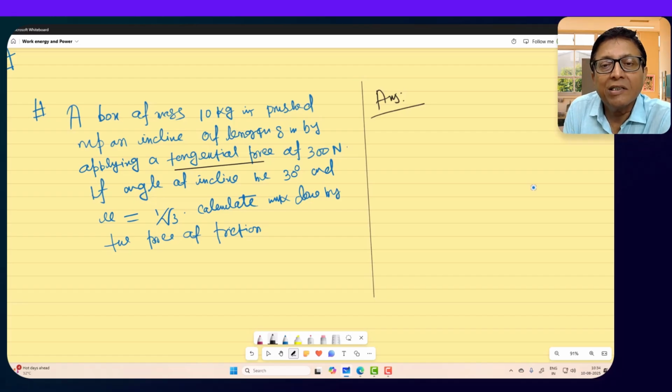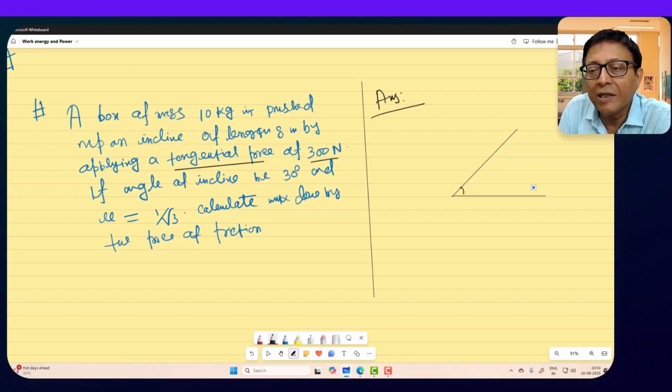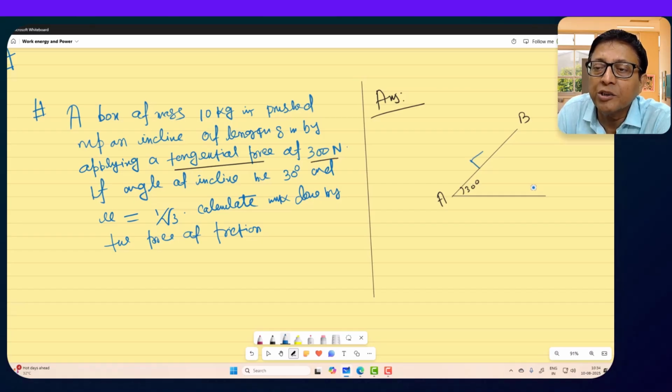See? External force acting, question is on force of friction. So you have to do it carefully. Take the inclined plane, angle of inclination 30 degree, length of incline given 8 meter. Take an arbitrary position of the object.